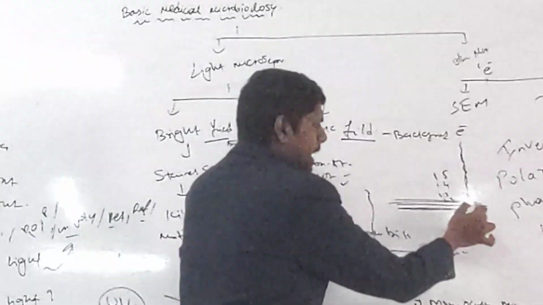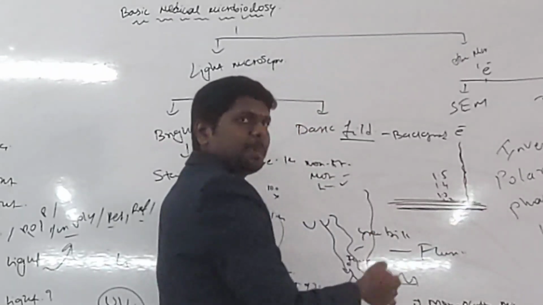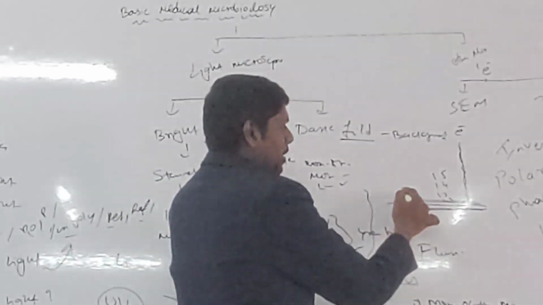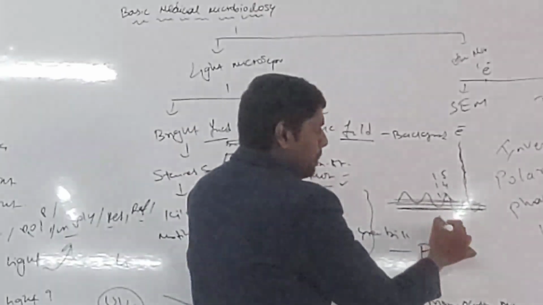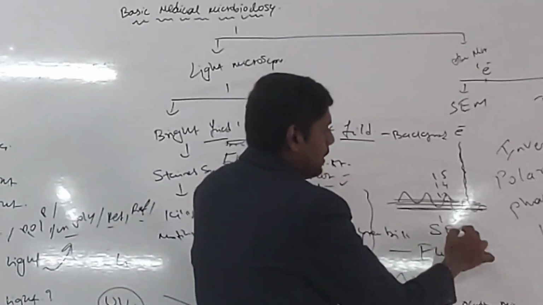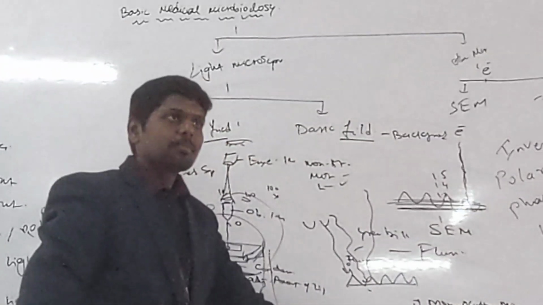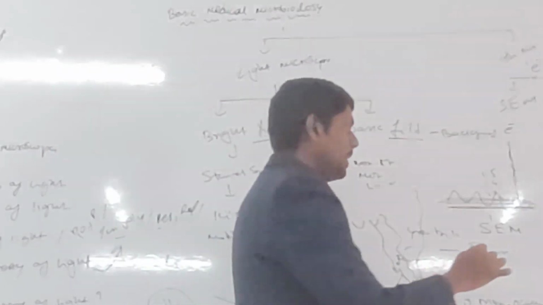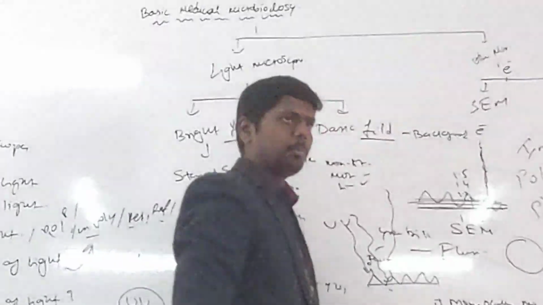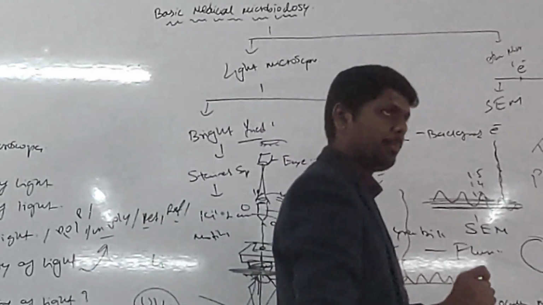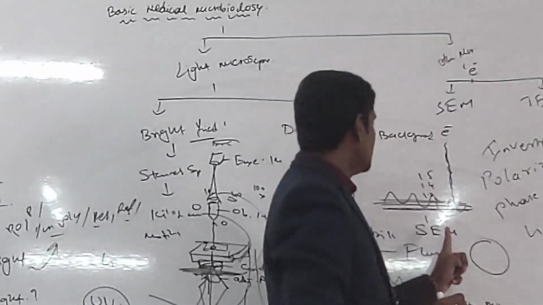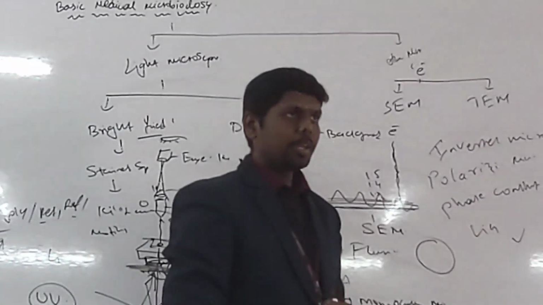So I was scanning layer by layer of the specimen. Then at the end of the day, I will get some ups and downs. This is the idea behind the scanning electron microscope. Scanning electron microscope will give the surface structures of molecules. The surface shape of a virus can be understood by scanning electron microscope.